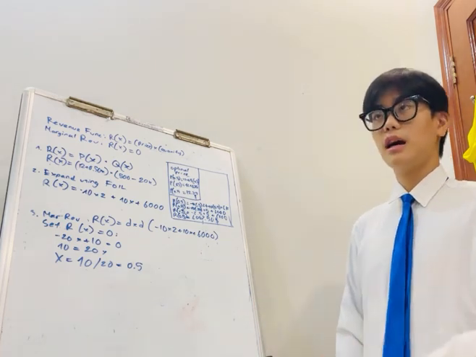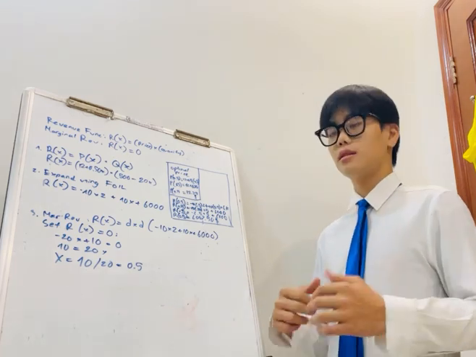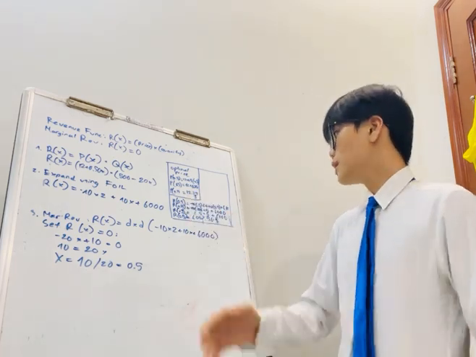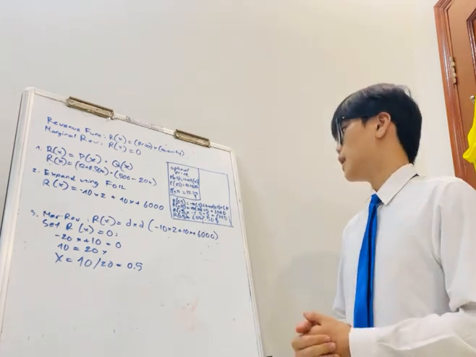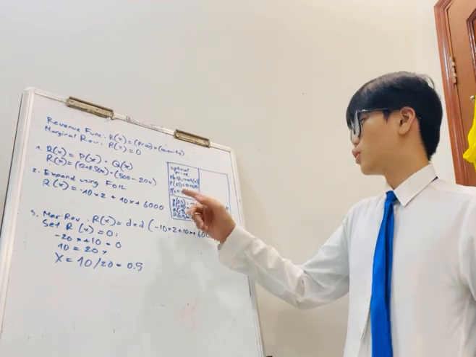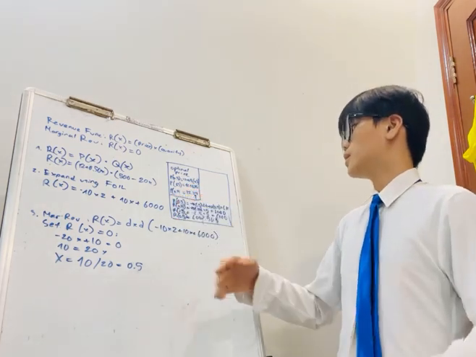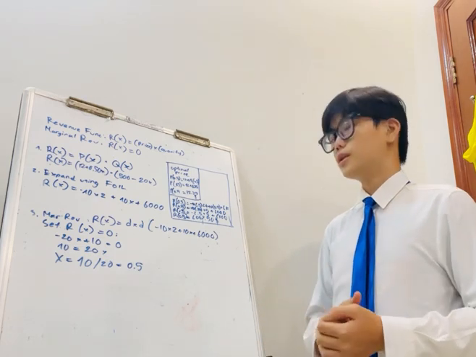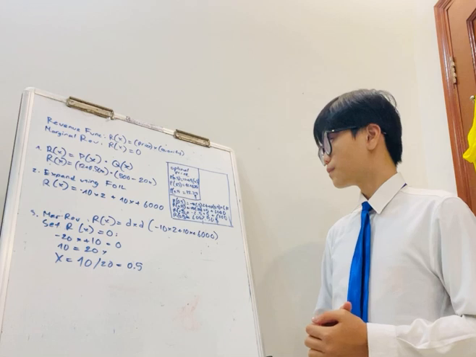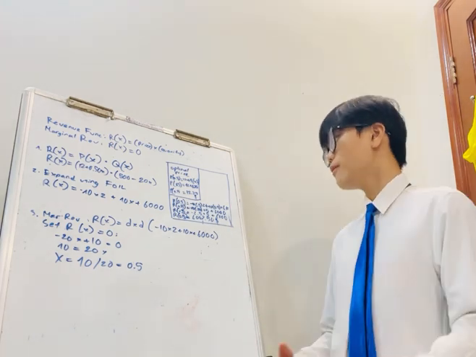This means 0.5 times 0.5, which is 0.25. So P(0.5) equals 12 plus 0.25, which is 12.75. That's the optimal price in order to get the maximum revenue.